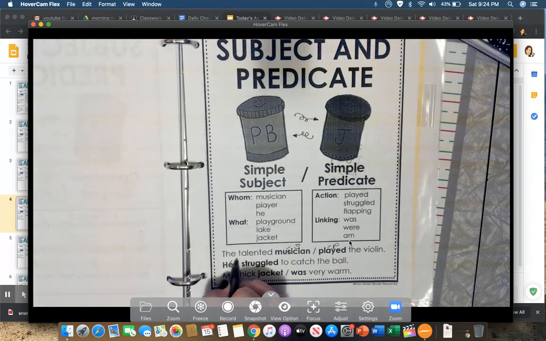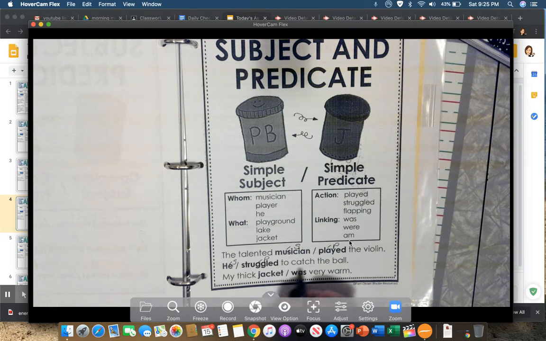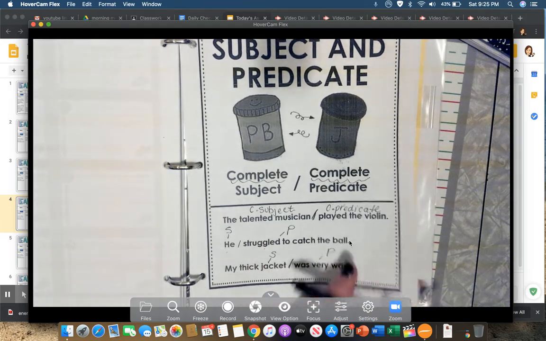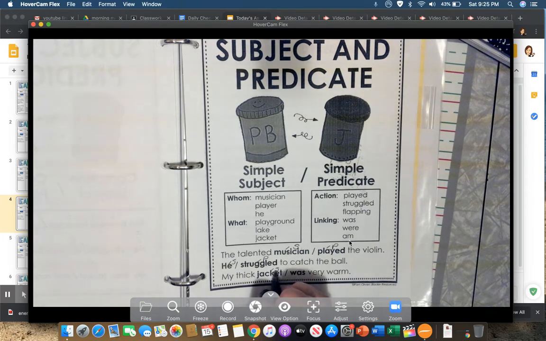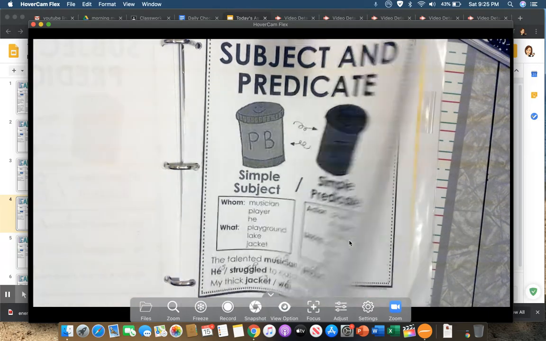He is still the subject, and what did he do? He struggled. I'm not going to say that the simple predicate is struggled to catch the ball. That was the complete predicate. Simple is simple, just the one word. It's the verb. He struggled. Jacket was. So simple subject, simple predicate. Okay? All right, let's go on.